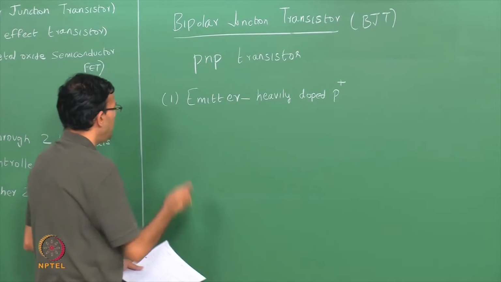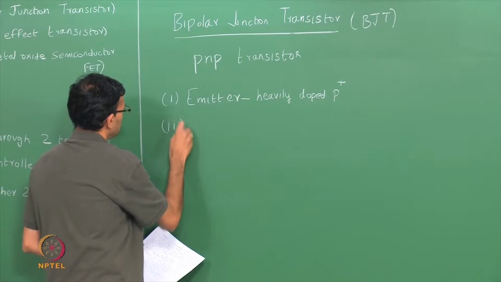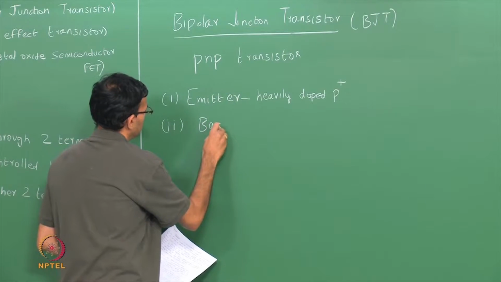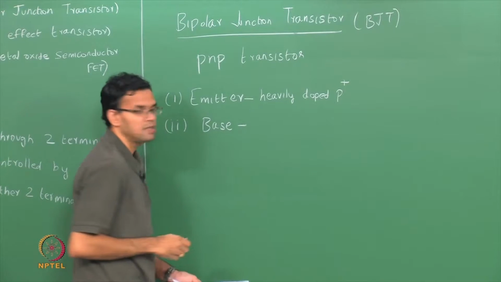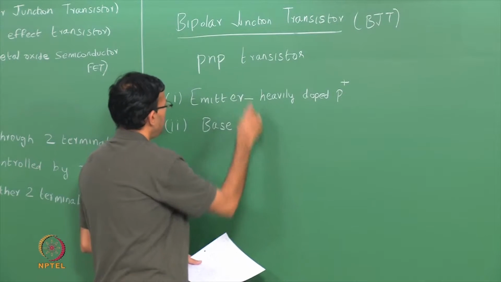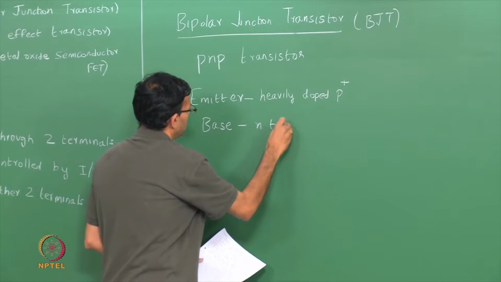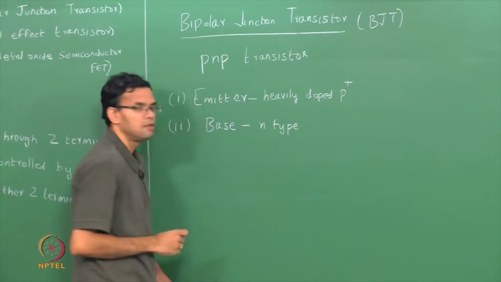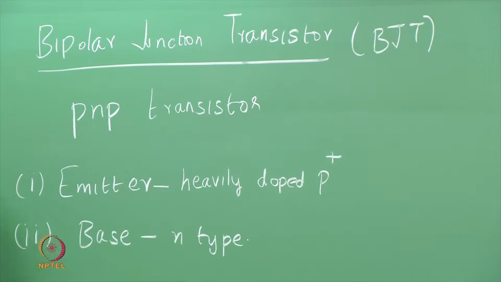We then have a base. The base here is n type, P and P, so n type. The base usually has a lesser thickness compared to the other 2 regions.